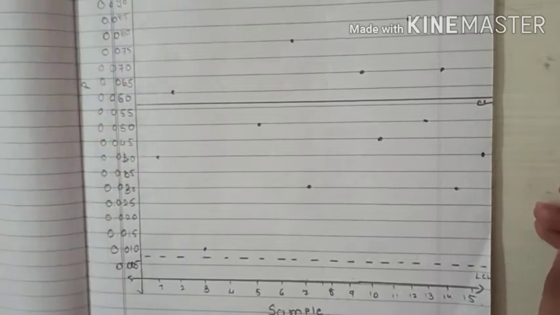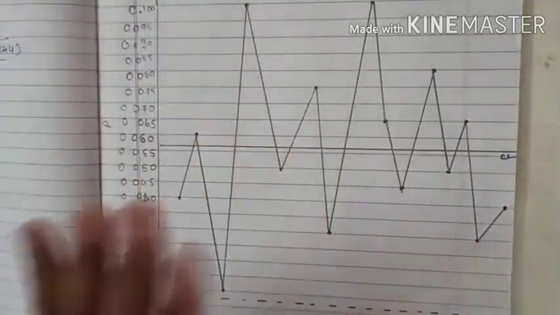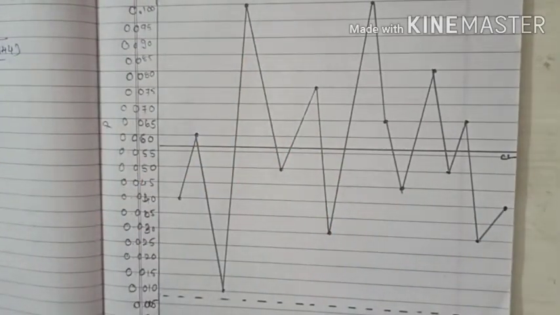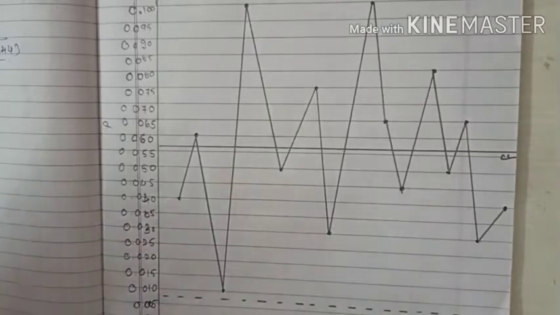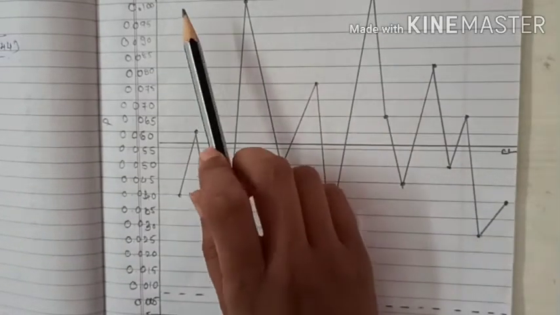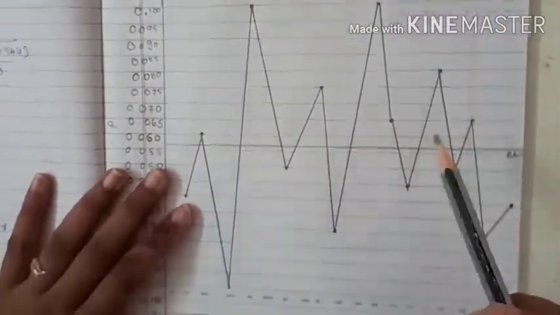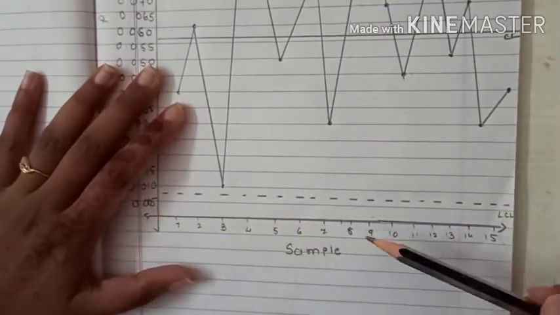Let's join all the points very quickly. After joining the points, the graph will look like this. Let's see whether the process is out of control or in control. No point is beyond the upper limit or below the lower limit.